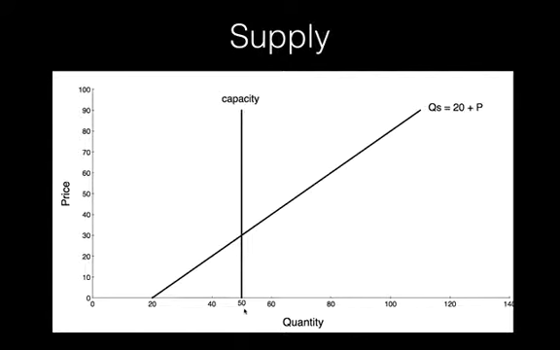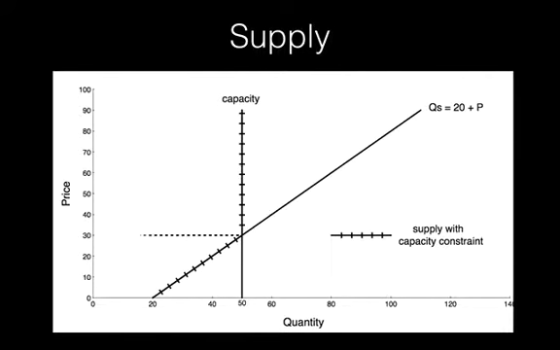So for example, if the theater only holds 50 people, draw a vertical line straight up and showing that as the capacity constraint. And the operational part of the new supply curve is going to be this initial section of the original supply curve, QS is equal to 20 plus P, until we hit the capacity constraint, and then it's vertical at that capacity constraint.